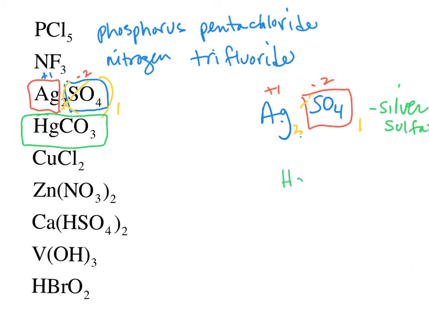So let's do that in detail here. You know that carbonate, because you've memorized it, is -2. Therefore, this mercury has to be a +2 because it's 1 to 1 there, right? So the name of this, mercury can be either +2 or +1. So the name of this one will be mercury 2 carbonate.